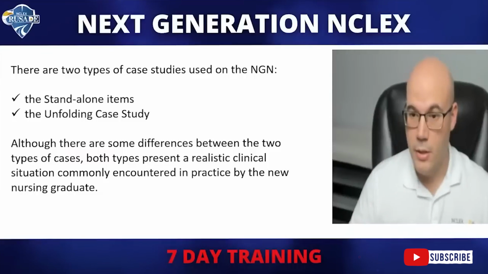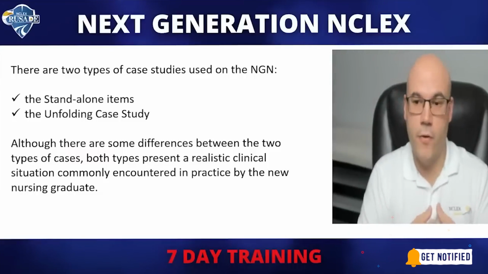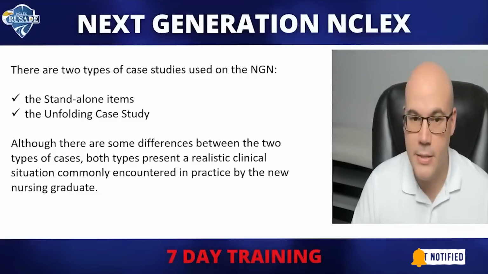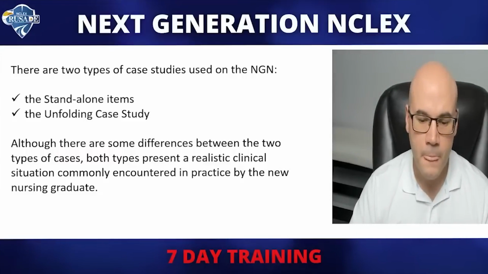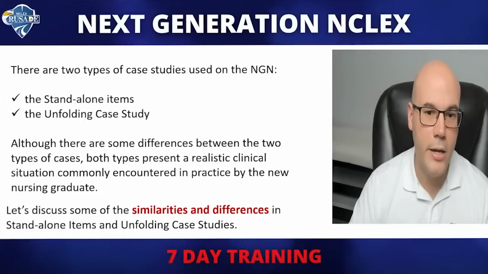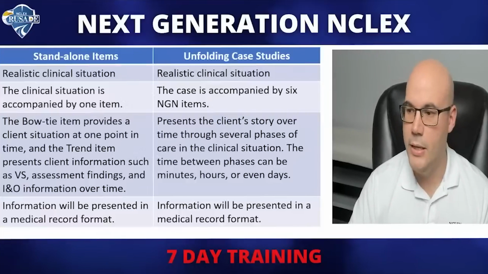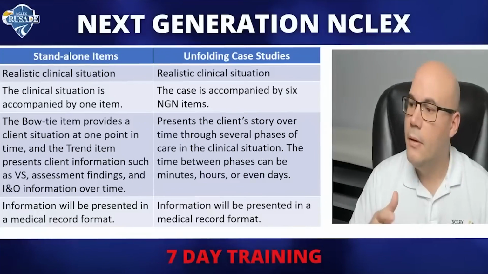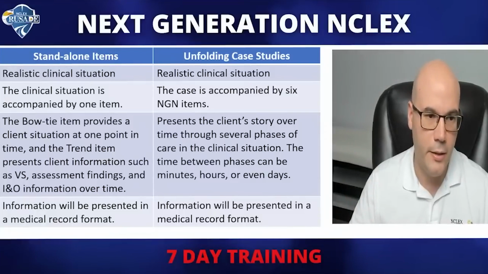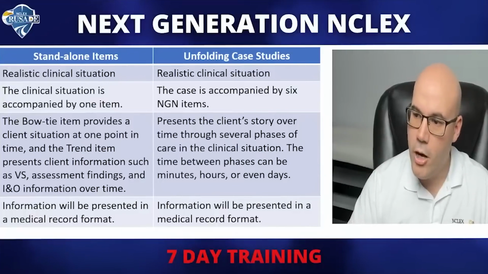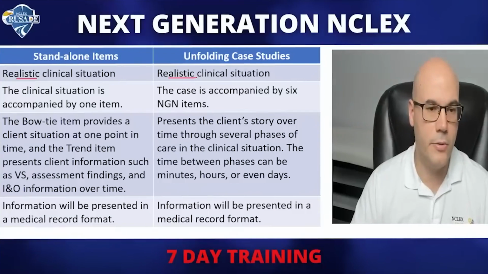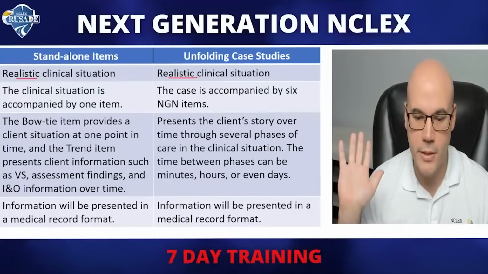In other words, they're getting situations from nurses who have experience in the past, and they're putting them on an NCLEX question. So let's look at the similarities and differences between the standalone item and the unfolding case study. Both are based on realistic clinical scenarios, so no difference here. This is the same.